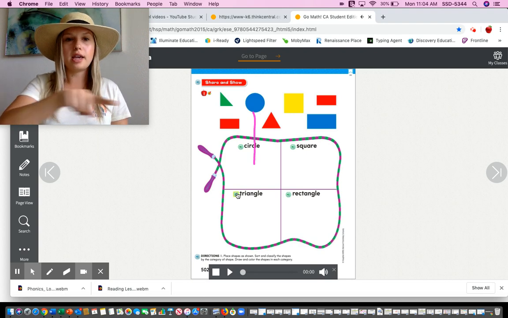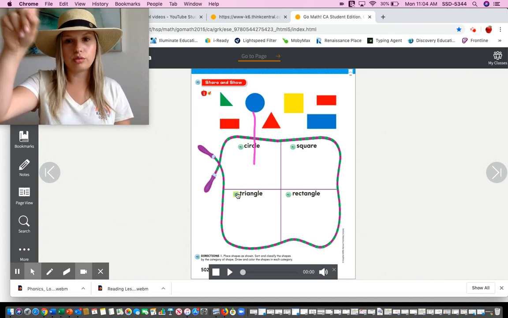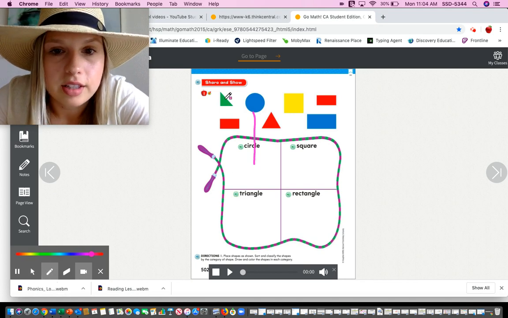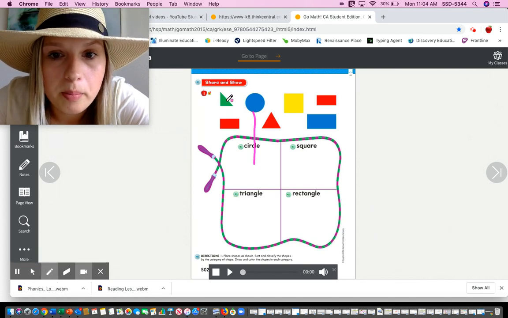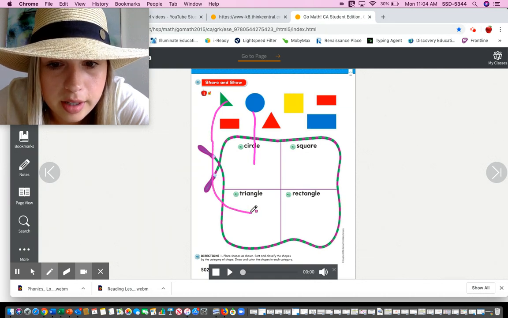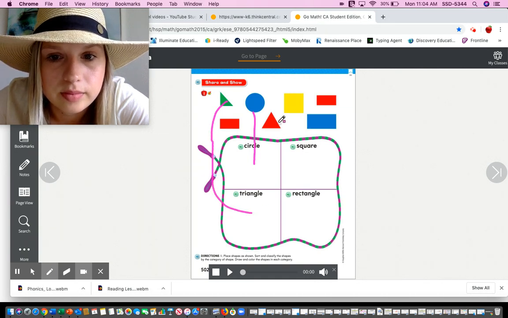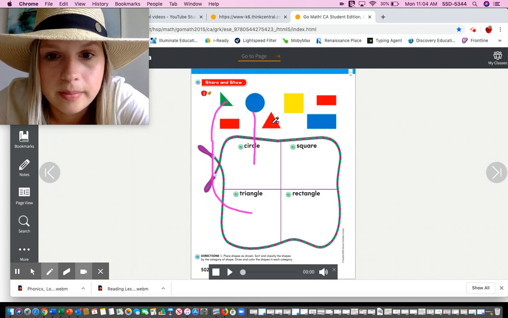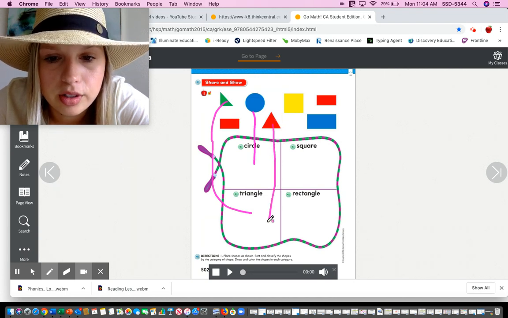Triangle. 1, 2, 3 sides, 1, 2, 3 vertices. Let's find triangles. Oh, I found one. And drawing a line to the triangle box. What about this? This one? Yep. 3 sides, 3 vertices.